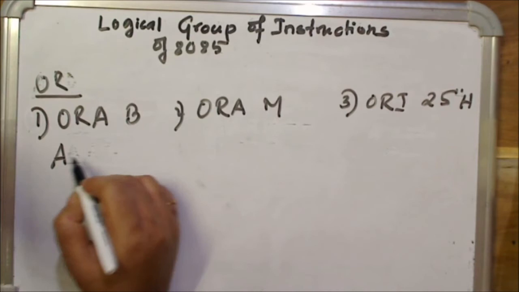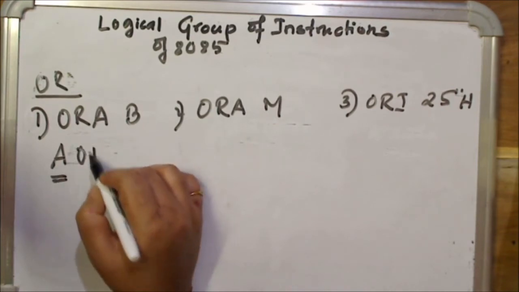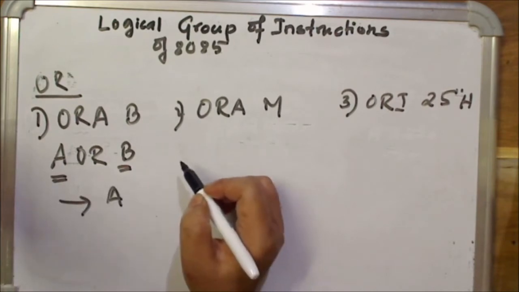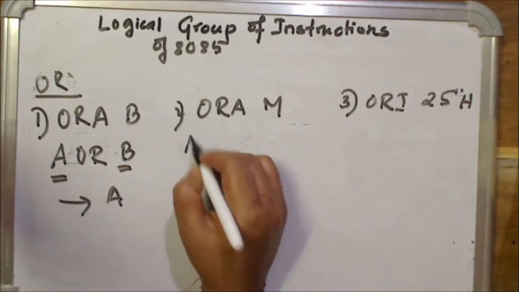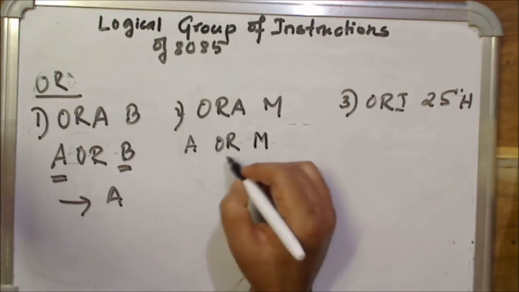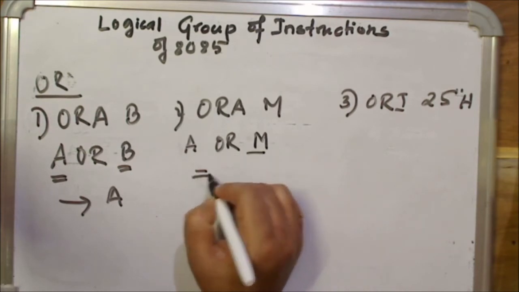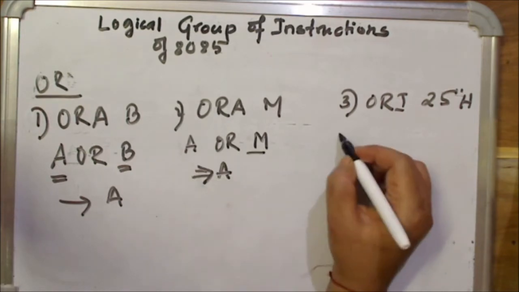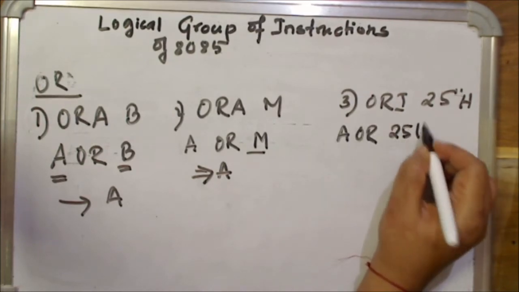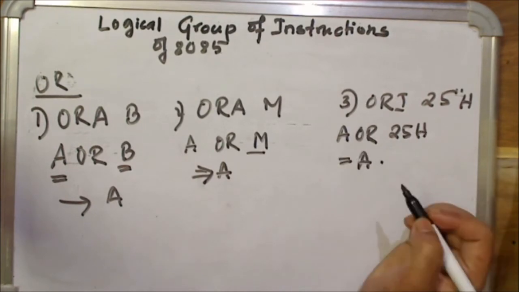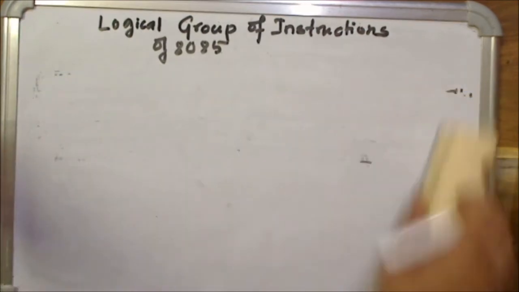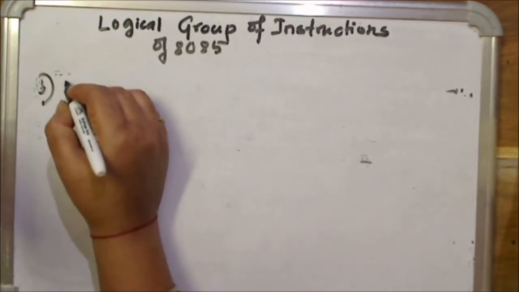The contents of accumulator will be ORed with the contents of register B, and the result will be stored in A. Here the contents of accumulator will be ORed with the contents of memory location pointed by HL pair, and the result will be stored in A. Similarly, here the contents of accumulator will be ORed with the 25H data, and the result will be stored in accumulator.